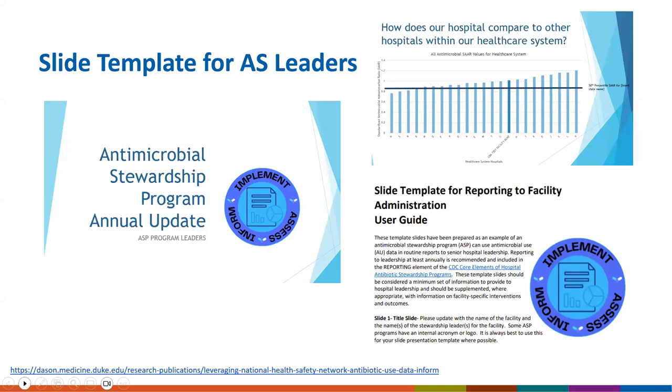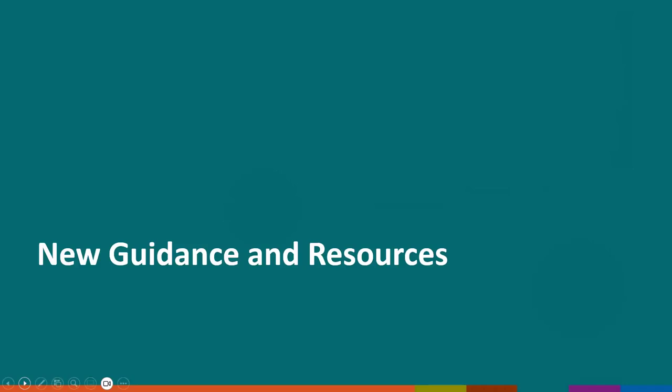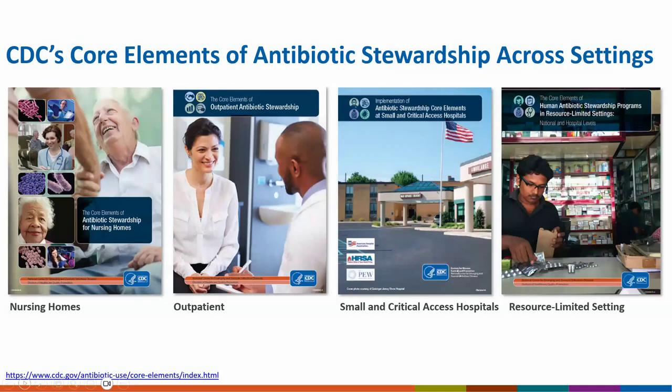Next slide. The last section of this presentation, I'll highlight new guidance and resources. Next slide. The hospital core elements proved to be an effective framework and were adapted to other healthcare settings to guide efforts for improving antibiotic prescribing.